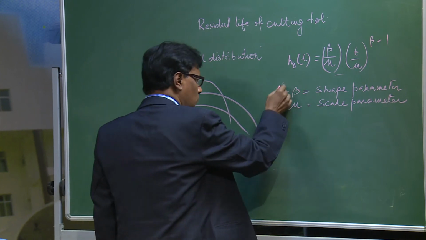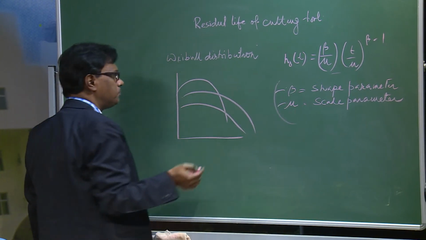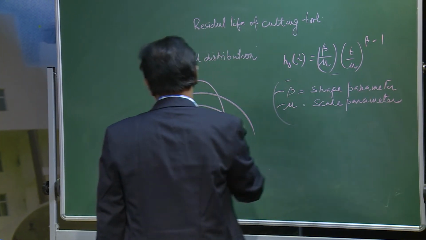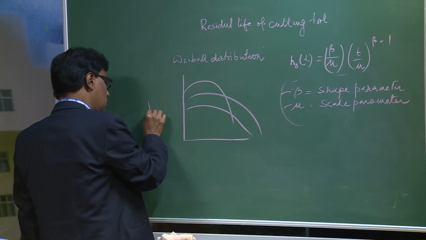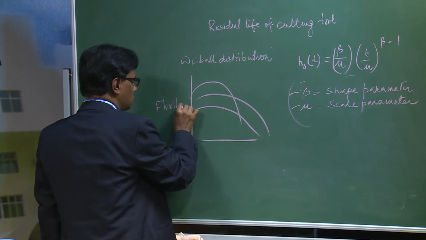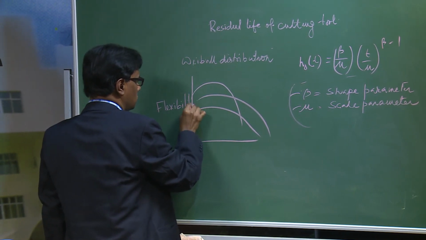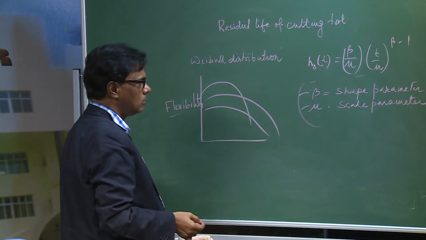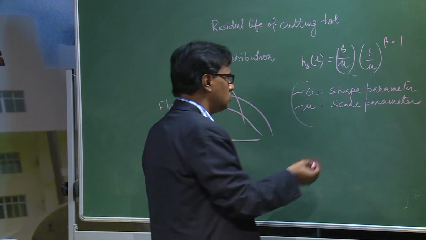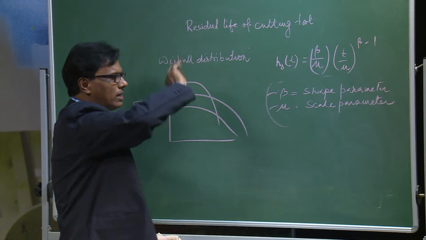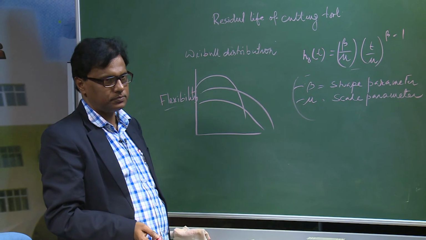This particular property of a function is called flexibility. So by varying beta and mu, I can get different types of curves.